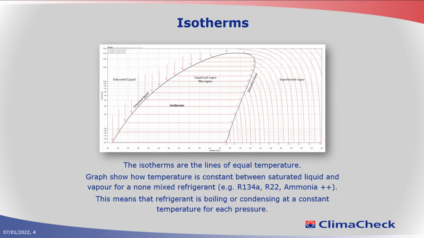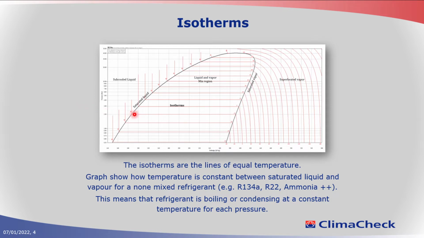In our system, when we condense and evaporate, as long as we have a non-mixed refrigerant like R134a or R22 or ammonia, we will condense and evaporate along these lines, so at a constant temperature.